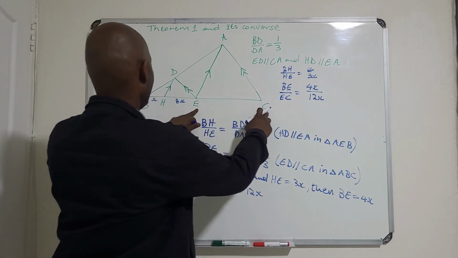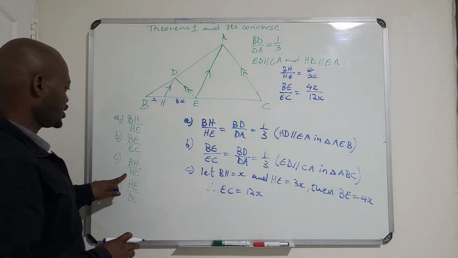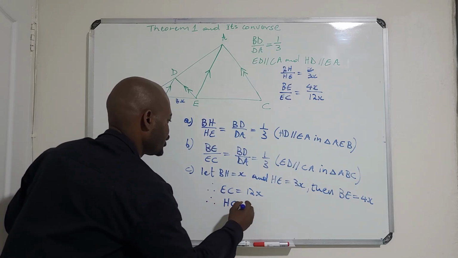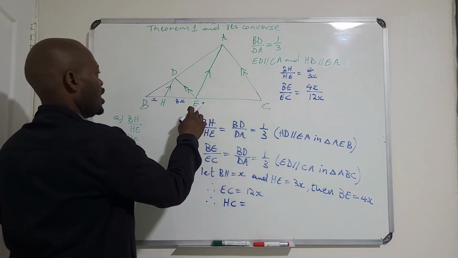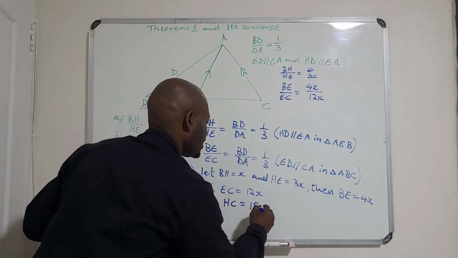Therefore, HC is equal to 12 plus 3, which is 15X.